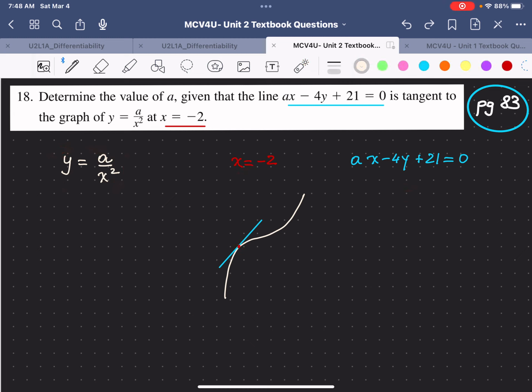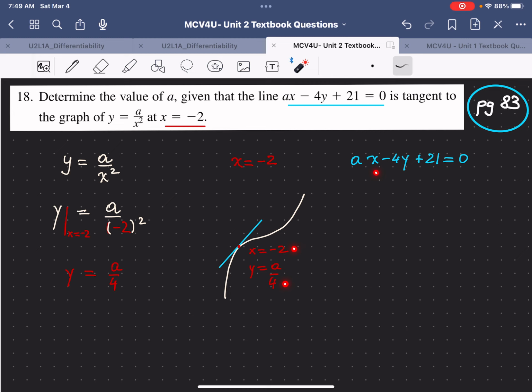So since x equals negative 2, we'll use the equation of the function y equals a over x squared and evaluate it exactly at the point of tangency, which is at x equals negative 2. We'll get that the value of y is equal to a over 4. So y is a over 4. So we'll say that x equals negative 2, y equals a over 4.